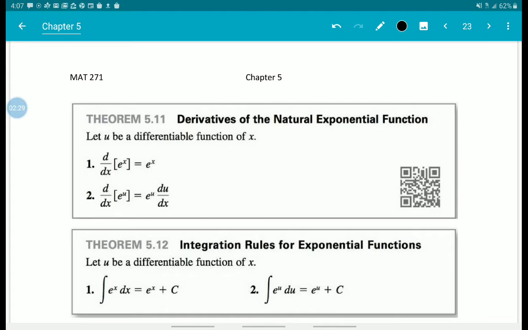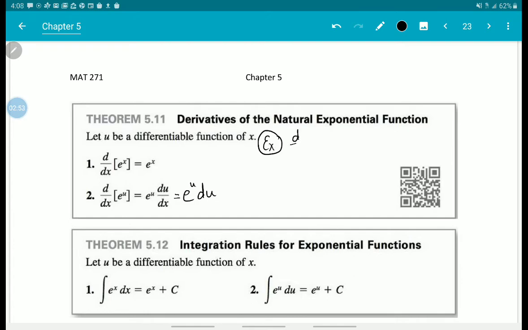If we want to take the derivative of e to the x, the derivative of e to the x is e to the x. And then using the chain rule, if we take the derivative of e to the u, it's going to be e to the u times du. And we could even write that this way, using the notation we've been using all course. So just a quick example to see that.